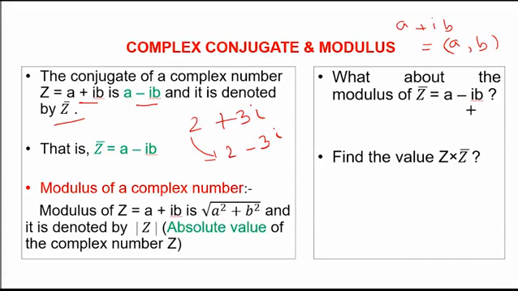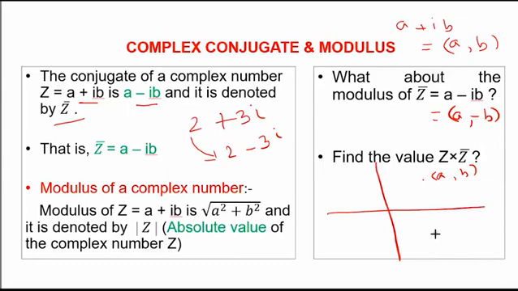What about the modulus of z bar is equal to a minus ib? A minus ib is reflected in the xy plane in the fourth quadrant. That means, as we have seen, the point is a comma b, and z bar is equal to a comma minus b.